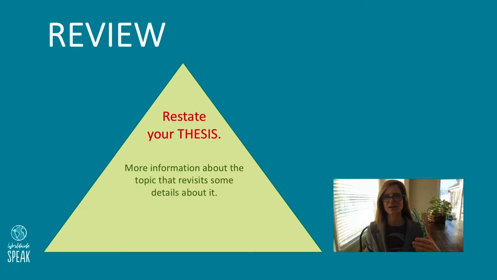Then we give a little more information about the topic and revisit some of your details possibly from the body paragraph. And lastly, we want to leave the reader with a suggestion, an opinion, or a prediction. We want the reader to think about what we wrote. We want our idea to stay with them for a while.